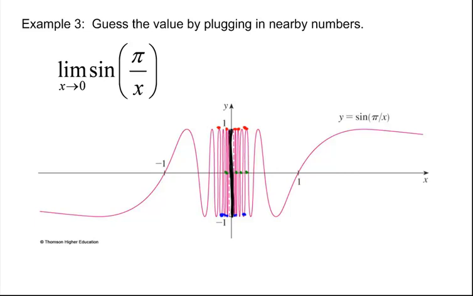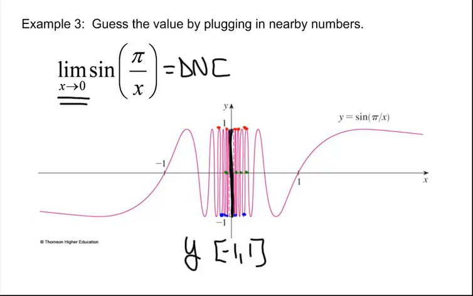And so for us to have a limit as x goes to 0, it needs to be that as we get closer and closer to x being 0, we get closer and closer to y being a single answer. Here, y gets closer and closer to the whole interval from -1 to 1. And so we say that this limit does not exist because it doesn't have a single unique answer.